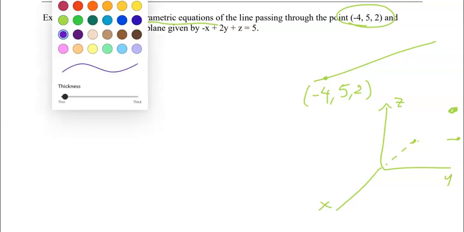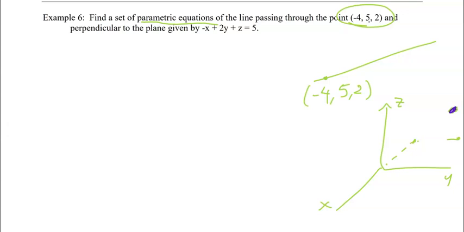Let me choose the color. So that is the point you talk about. You need to find the equation of a line that passes through the point and is perpendicular to the plane. So there is a plane here. Let me draw this plane.